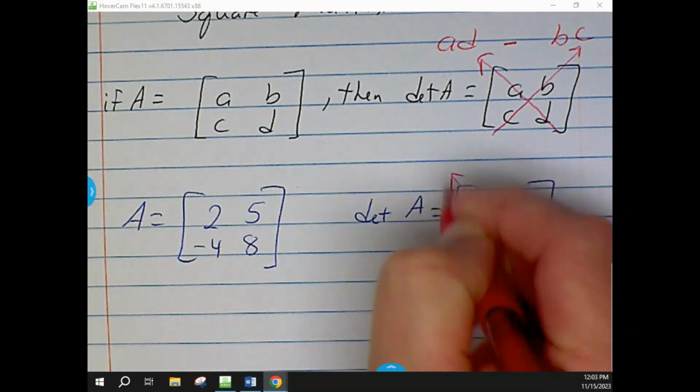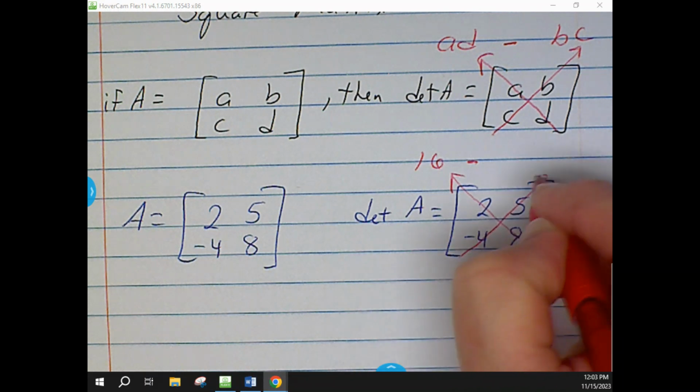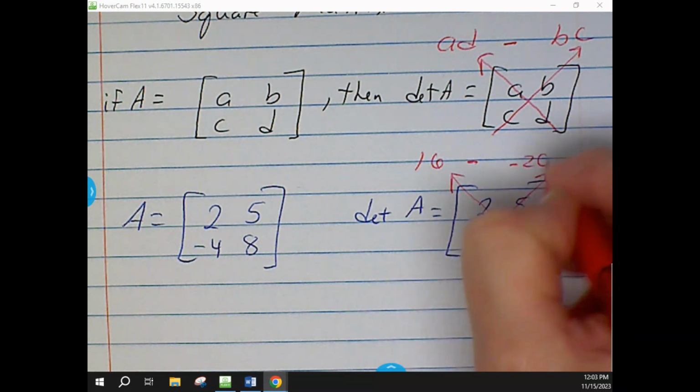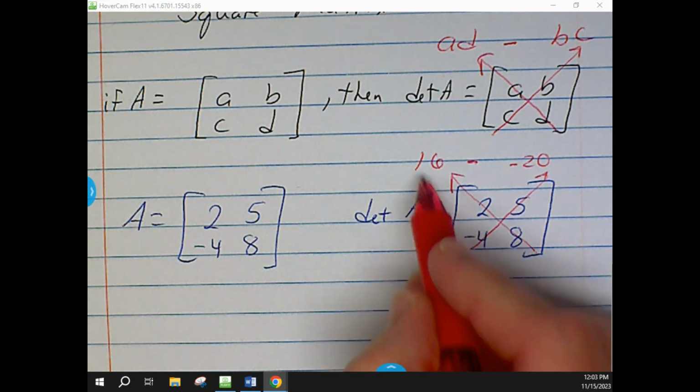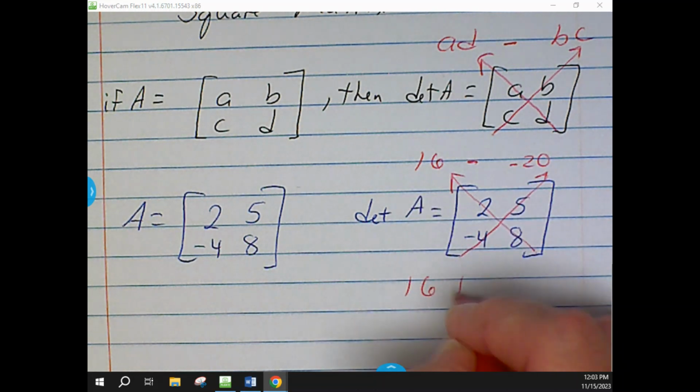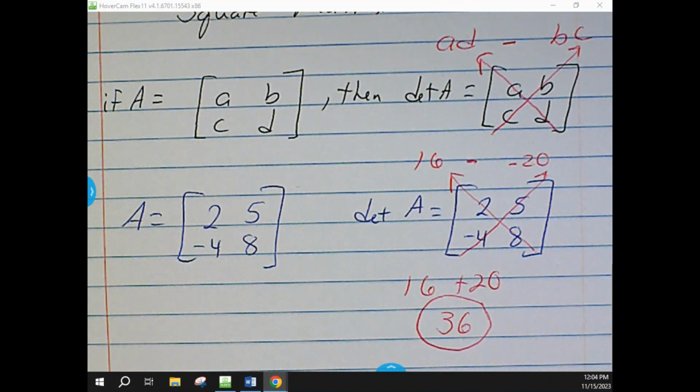So it's 2 times 8 for 16 minus negative 4 times 5 is negative 20. So if you do 16 minus negative 20, that's really 16 plus 20, and that's 36.